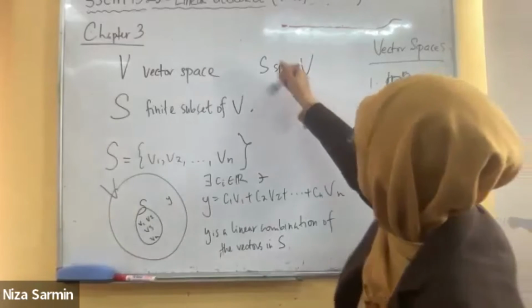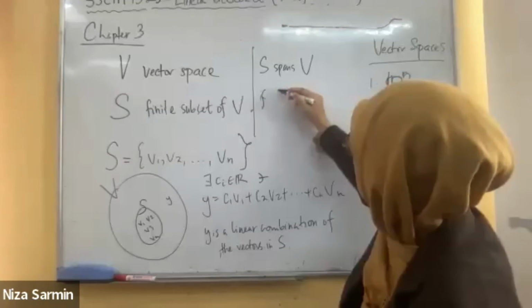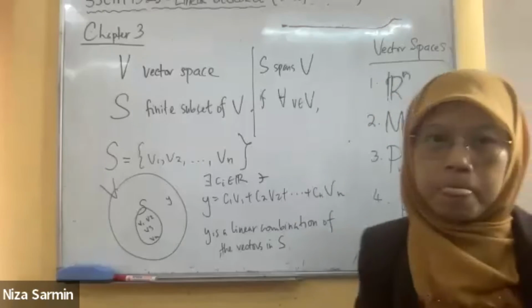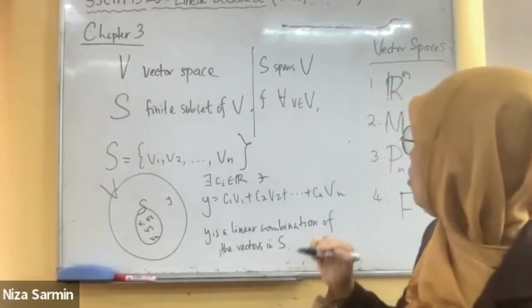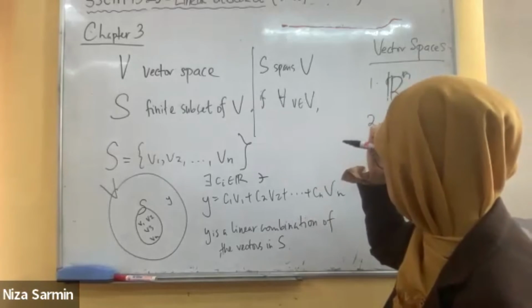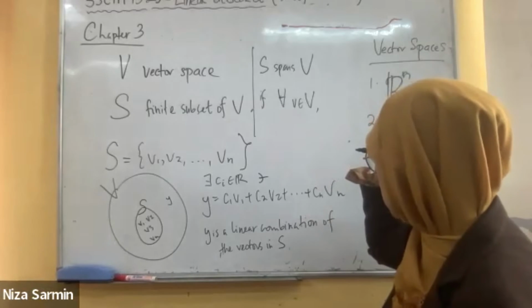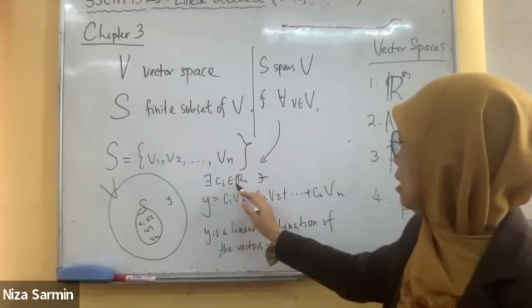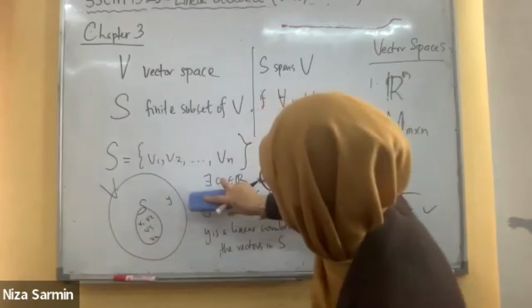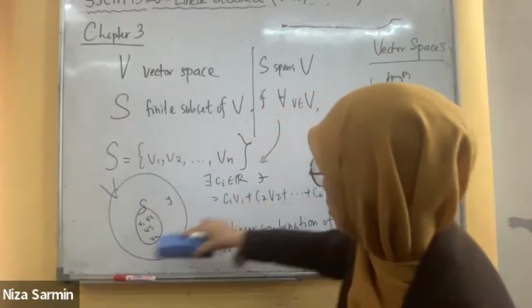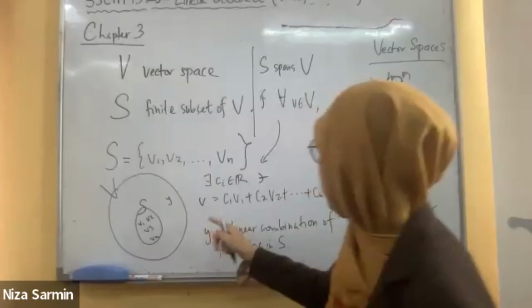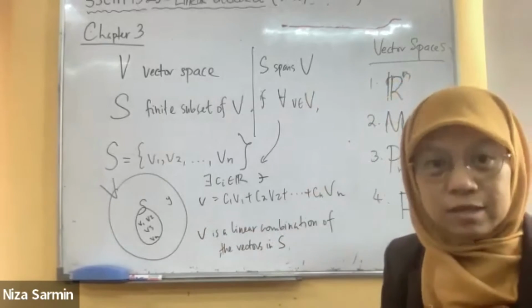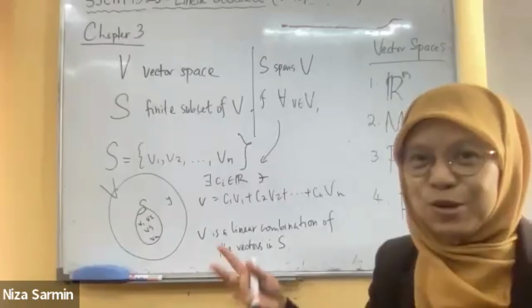S spans V if for all v in V, there exist Ci in R such that v is a linear combination of the vectors in S. So it's very closely related.